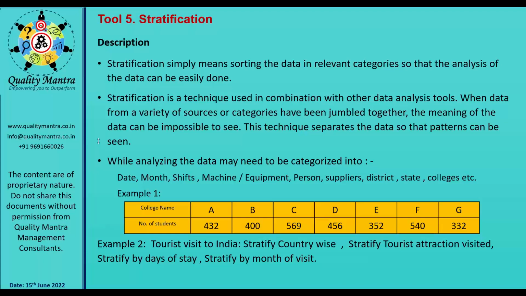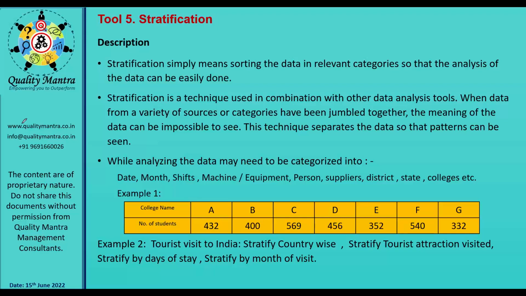But you will be in a better position if you know which college got how many students, or which stream got how many students. Then you can analyze where you have to take the action, so as to increase the students count.